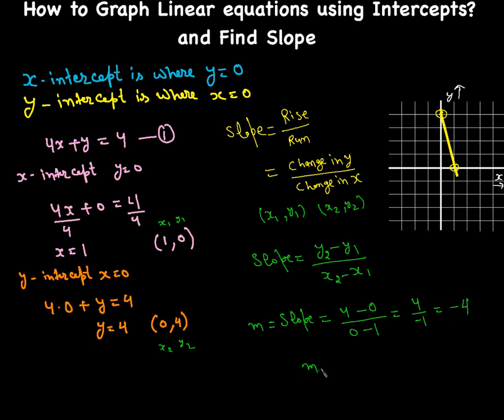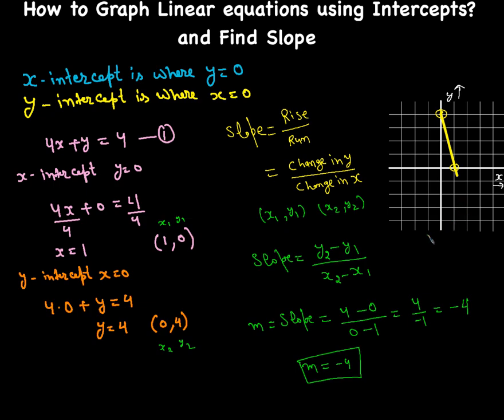Okay, so the slope of this equation is -4. All right, so this basically tells us how much slanted this line is. Like if the slope is negative, that means this line is going downward. If it is positive, that tells me it's gonna go upward. It rises. Here it's falling down.